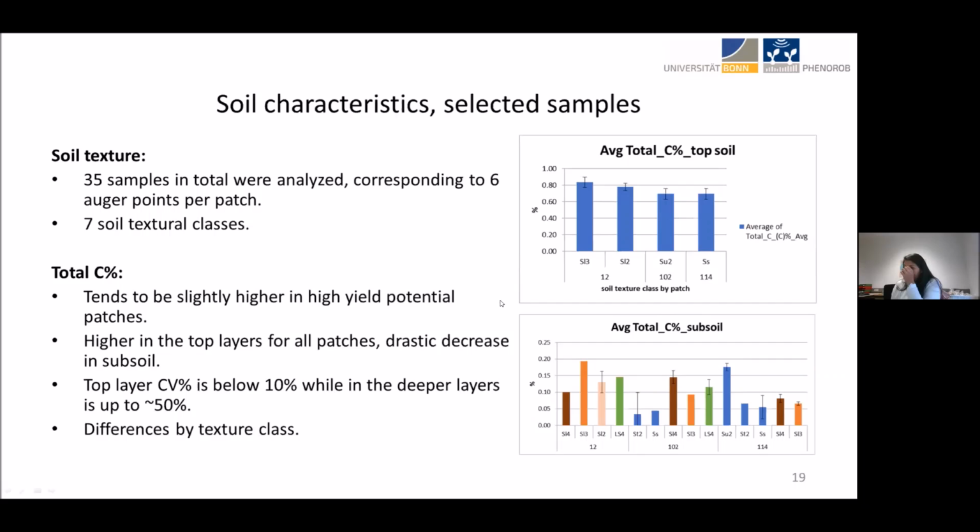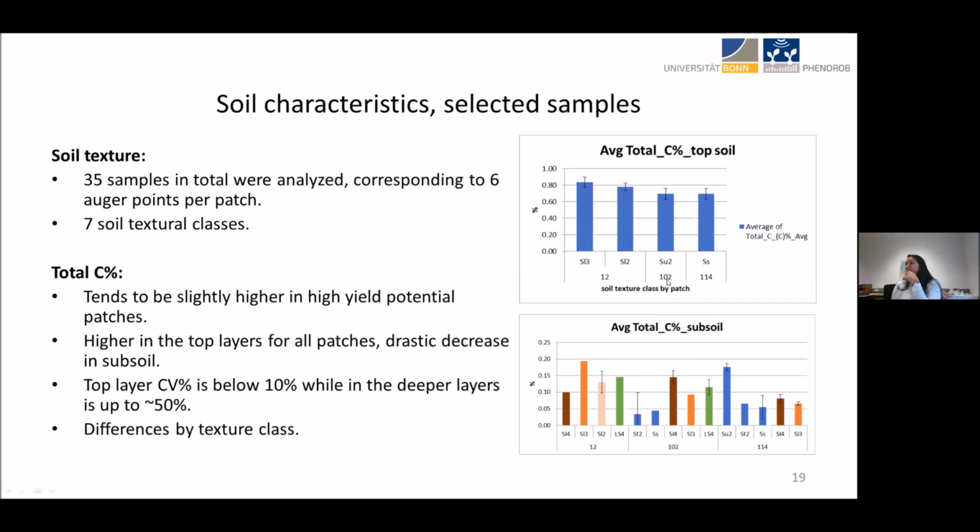So for the topsoil, you can see that typically the textural classes are mostly within the sandy textural classes. And they are more or less homogeneous in the topsoil in this regard. So for example, for the patch 12, there are 2 soil textural classes.